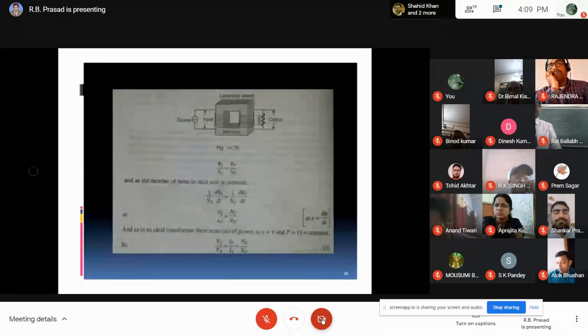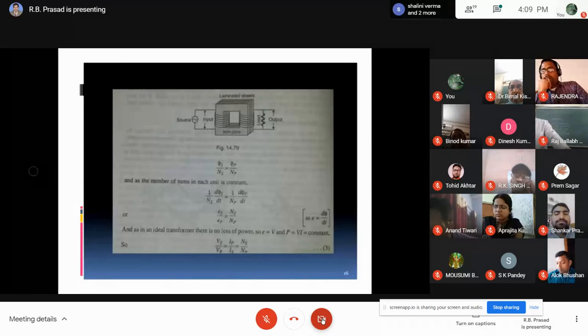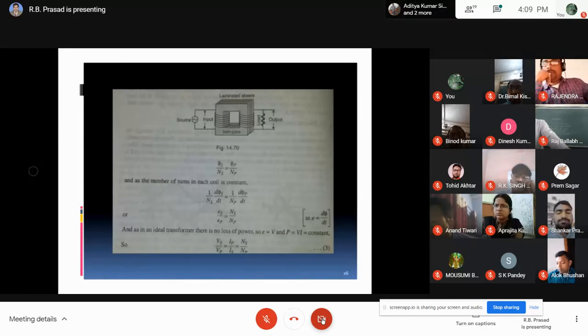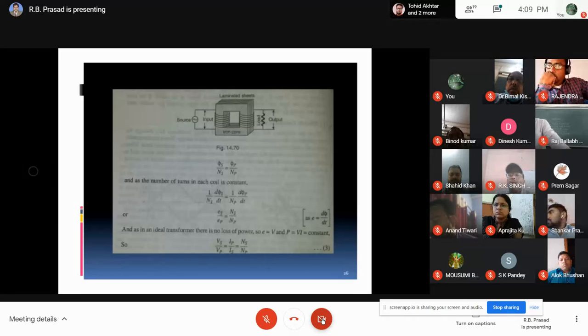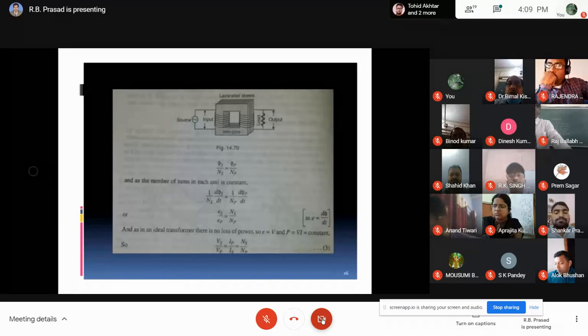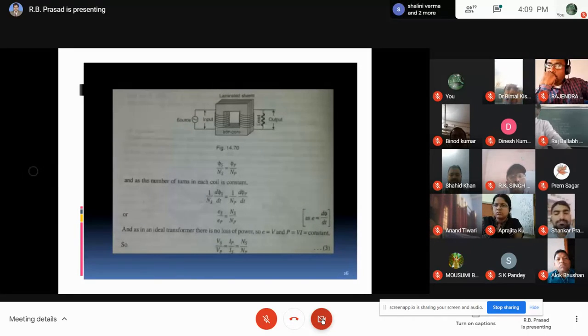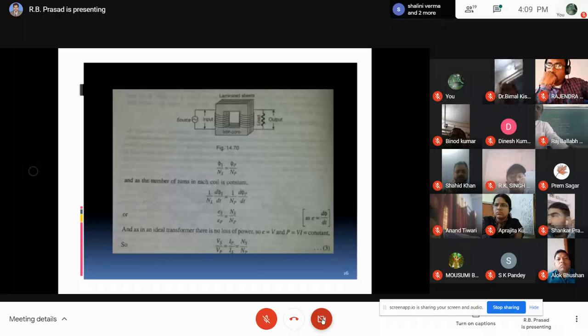Now there are two possibilities in the transformer. Number one, if the number of turns in the secondary is larger than the number of turns in the primary, the transformer is said to be step up, which means it will increase the output voltage with respect to the input voltage, and it increases voltage and reduces current because power remains constant.